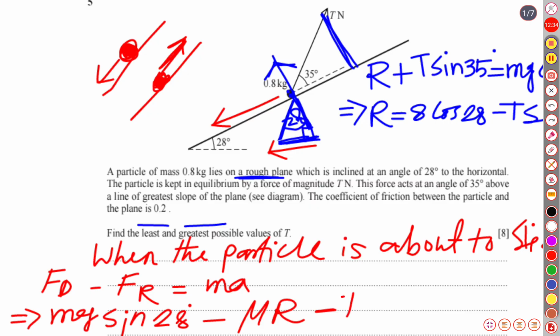That is T, and this is our direction, so it is horizontal: T cos 35 degrees equal to mass into acceleration. As the particle is in equilibrium, there is no acceleration at all, hence the right side is 0.